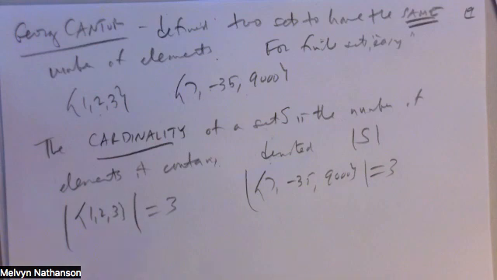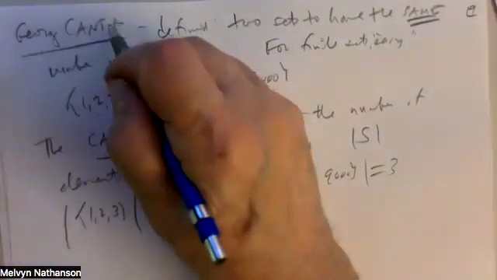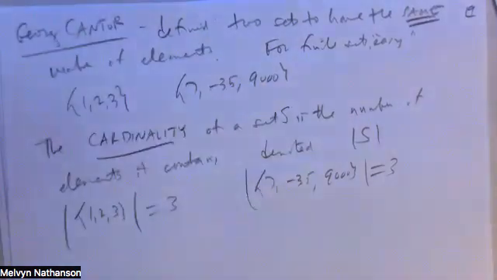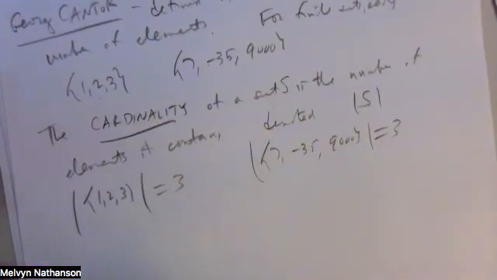And this is really, in retrospect, you might say, a very obvious definition, but it really wasn't obvious. It took some degree of genius or brilliance to understand the concept of cardinality, the size of a set, or sometimes, in the old language, equivalence. So two sets are equivalent.